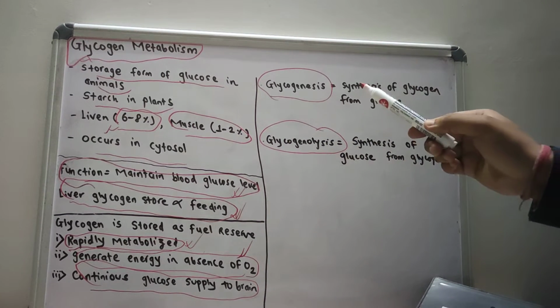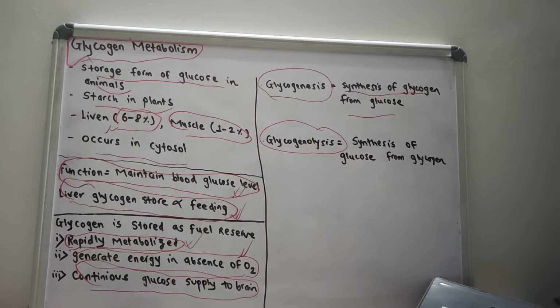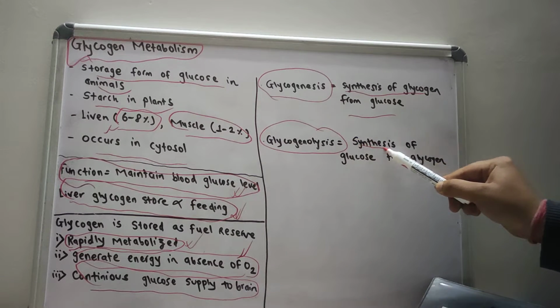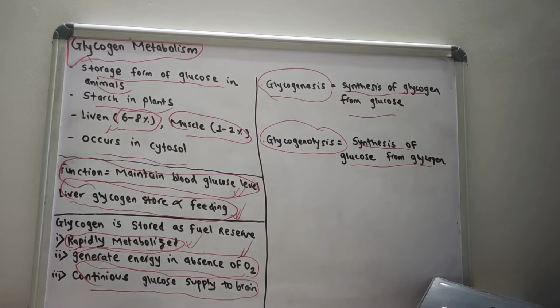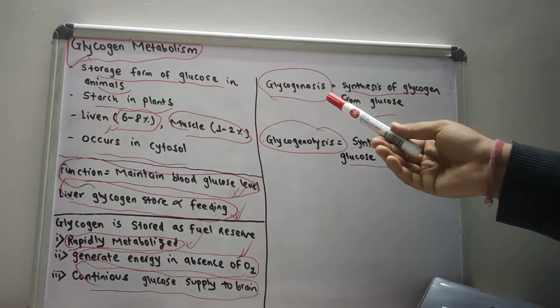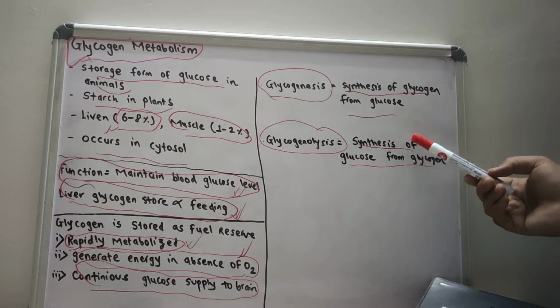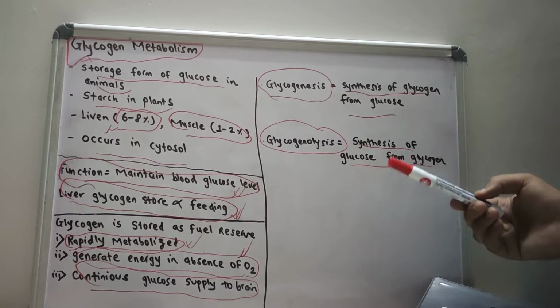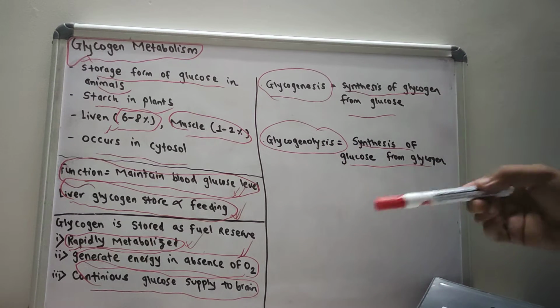Glycogenesis is the synthesis of glycogen from glucose, whereas glycogenolysis is the breakdown of glycogen to form glucose.